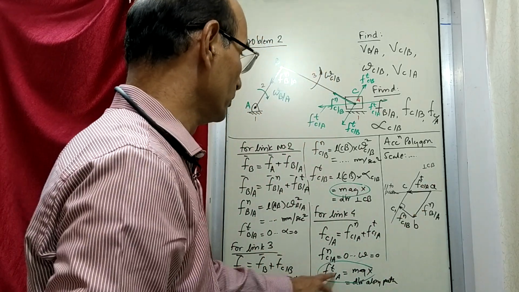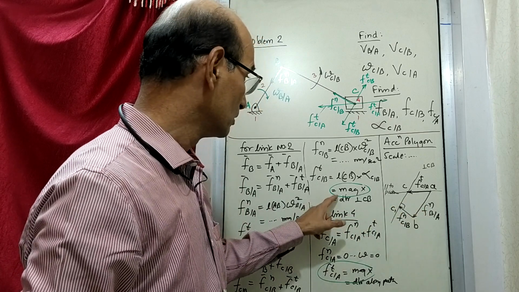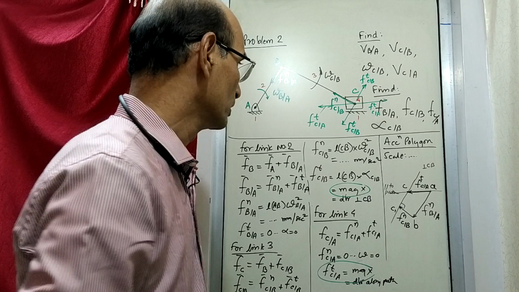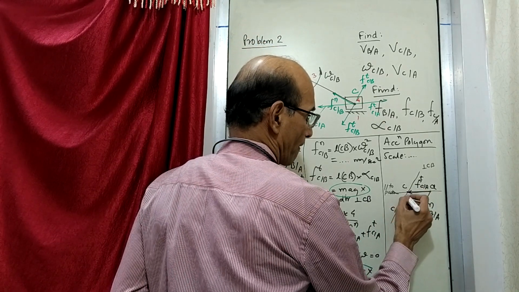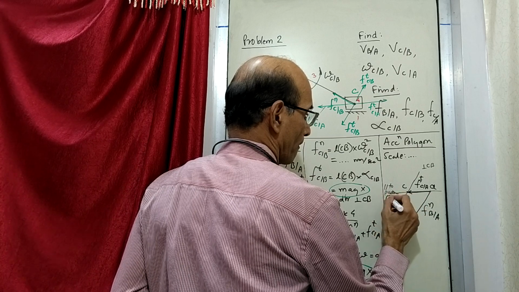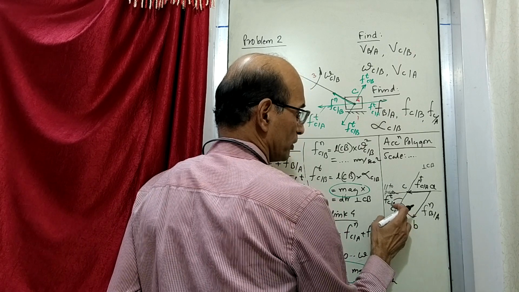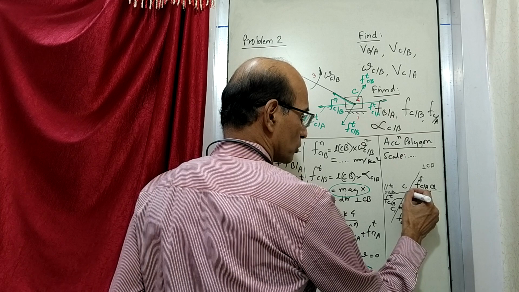Ft of C with respect to A is this. And the other one, Fc with respect to B, tangential, is this. So one is F normal of C with respect to B, the other is F tangential, and then this is the total.